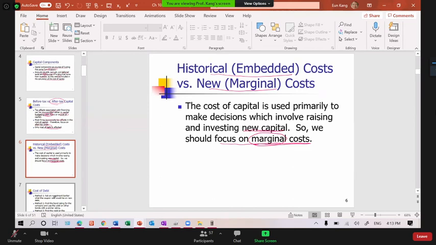That means the reason we calculate cost of capital is to evaluate what? New projects, right? Not just old projects. So cost of capital has to be new or marginal cost. That's extremely important. Okay, don't forget that. We'll talk about that later.